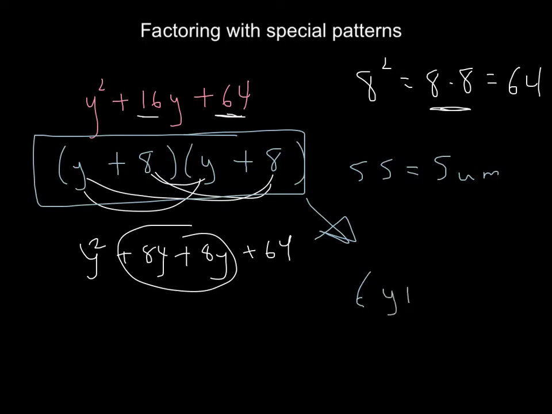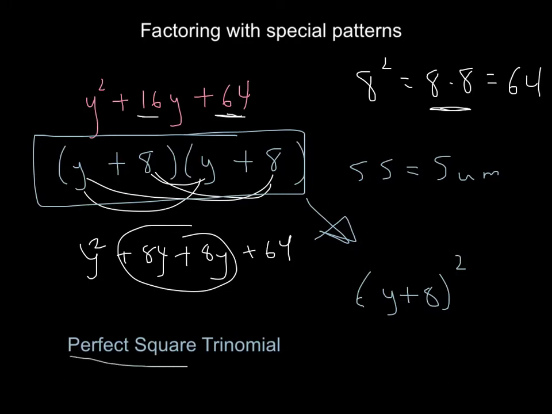Since they're the same thing written twice, that's going to be y plus 8 squared. And so when we take a look at y squared plus 16y plus 64, what we say is that's a perfect square trinomial. That's a great vocabulary word. Perfect square trinomial. Okay, let's try another one of those. But before you do so, just make sure you grab that last vocabulary word.